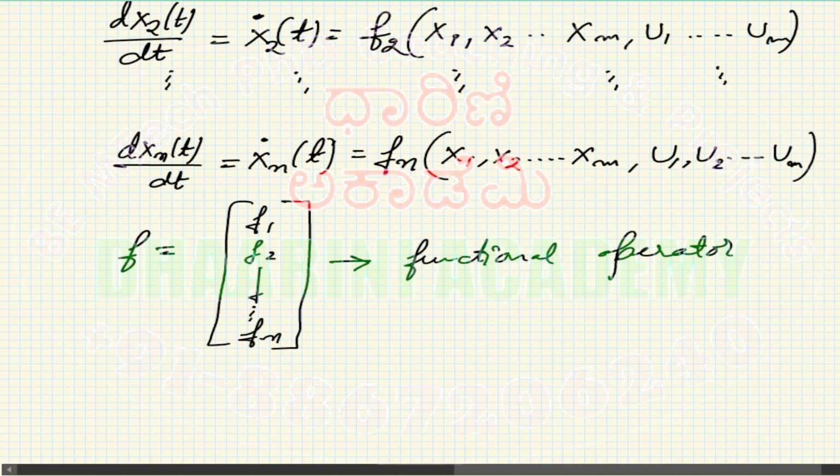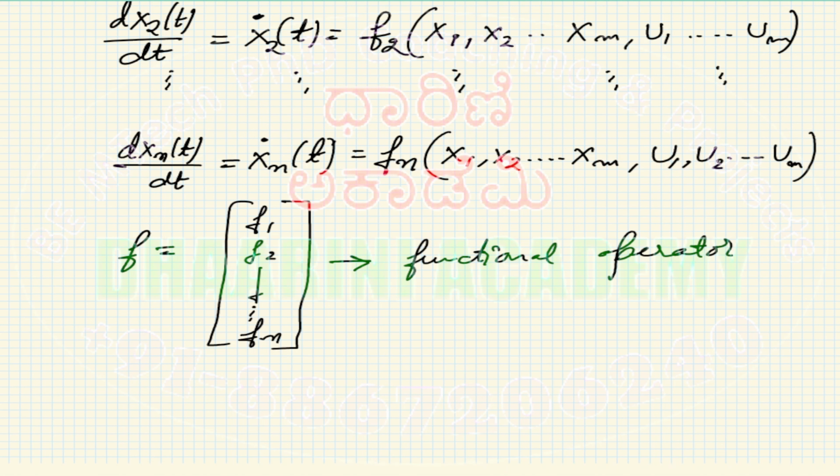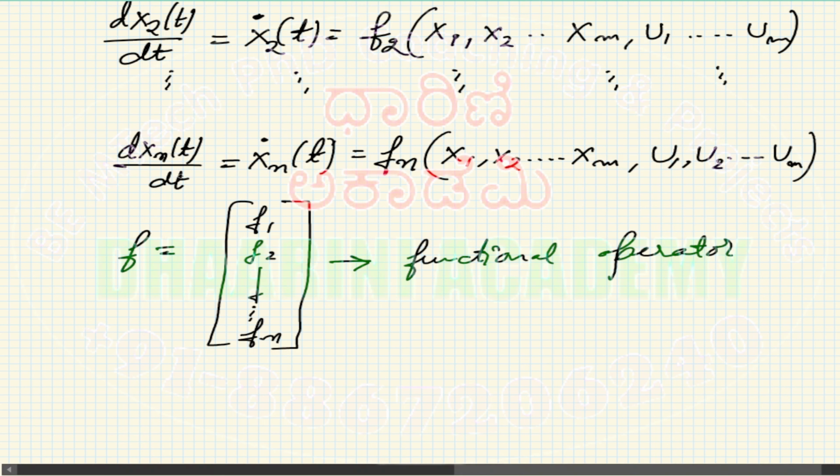Now if you write a differential equation like that, I can convert this into the integral format. So this implies I can write xi of t as xi of t naught, the initial condition.